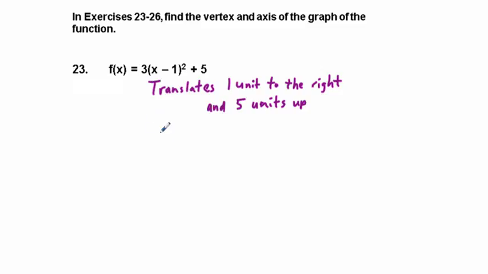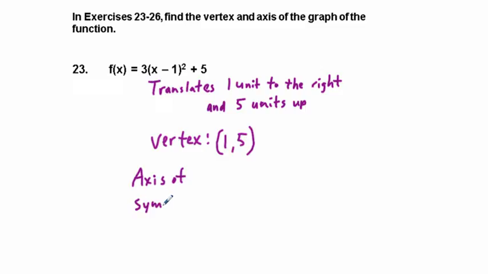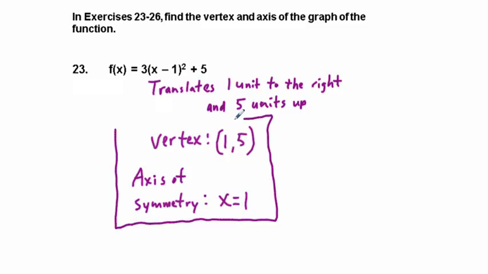And so we will say our vertex for this is going to be the point (1, 5). And as far as it says axis of the graph, we'll say axis of symmetry, we will say x equals 1. And so these would be our answers for problem number 23.